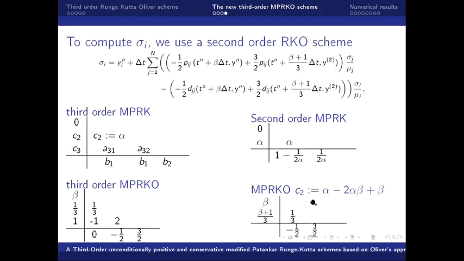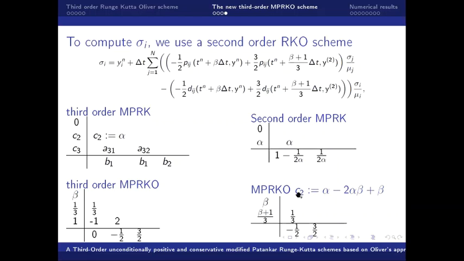In this part, beta on the right, alpha 1/3 on the right. For C2, use alpha minus 2 alpha beta plus beta.